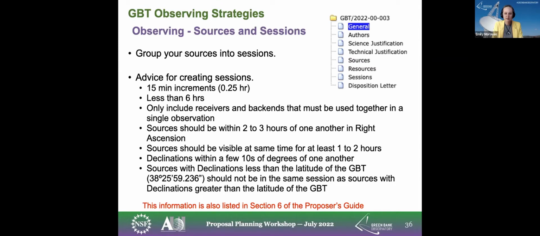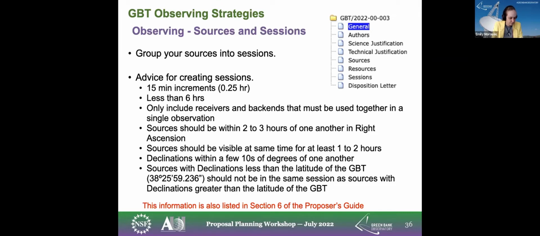Just for schedulability, it's easier to schedule if it's less than 6 hours. Only include receivers and backends that must be used together in a single observation. So when you have a session, just use the receivers and backends that go together. Don't try to combine different backends and receivers in one session.